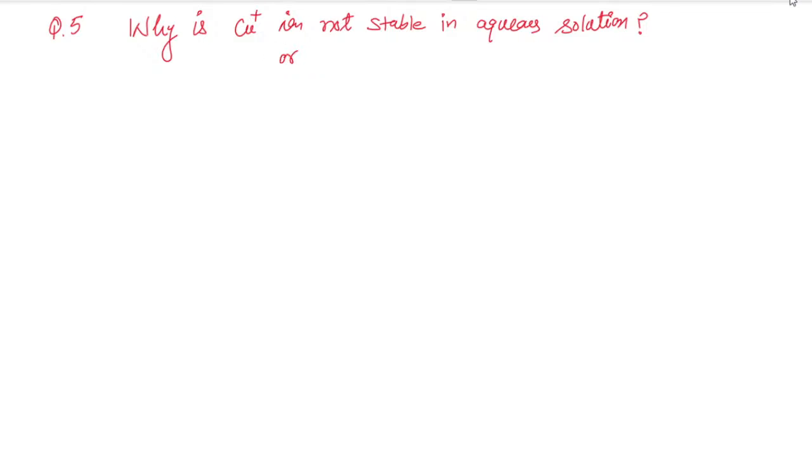Or we can write, why is copper 1+ not known in aqueous solution?